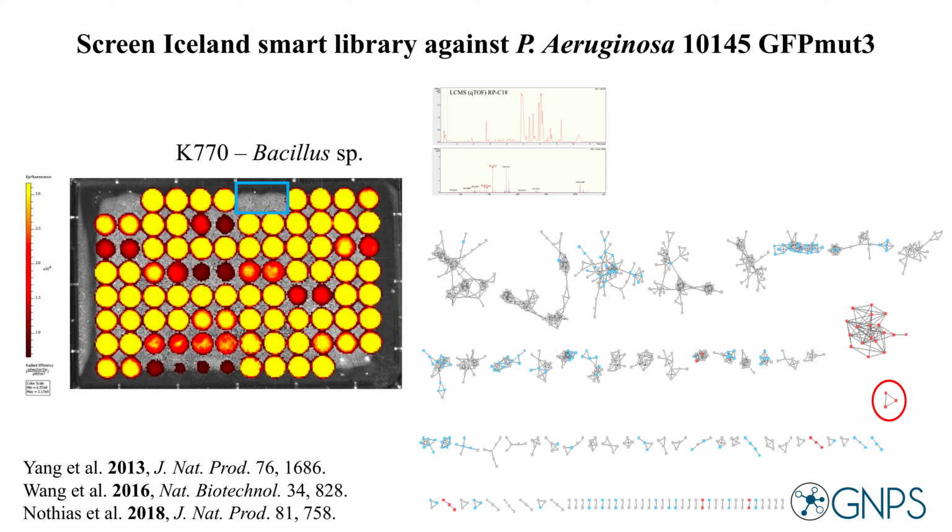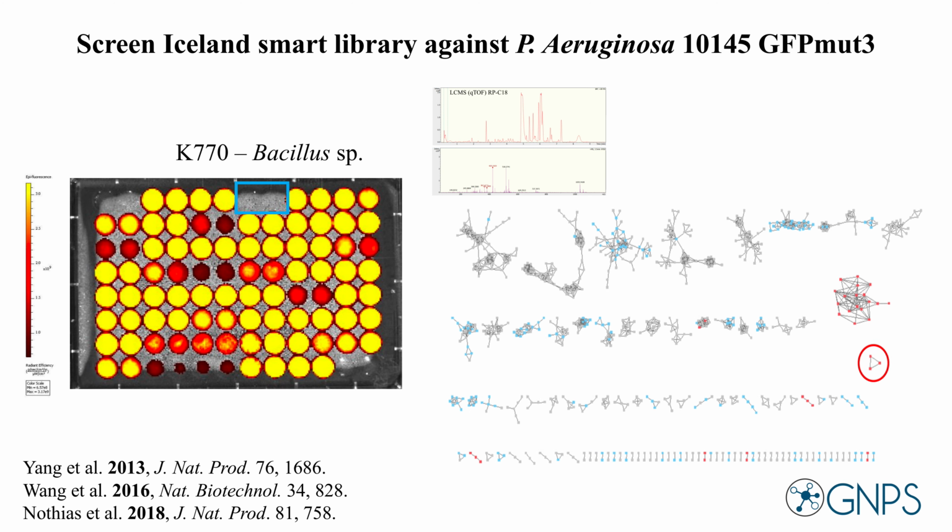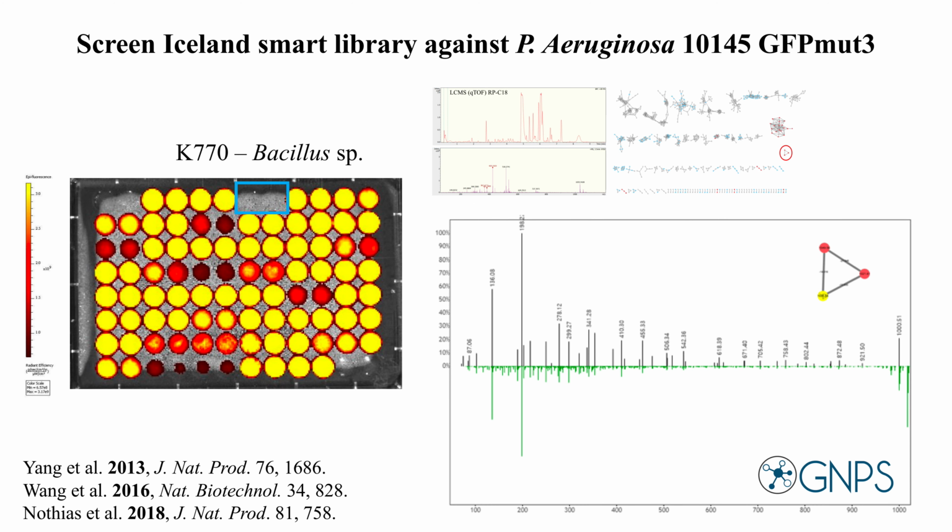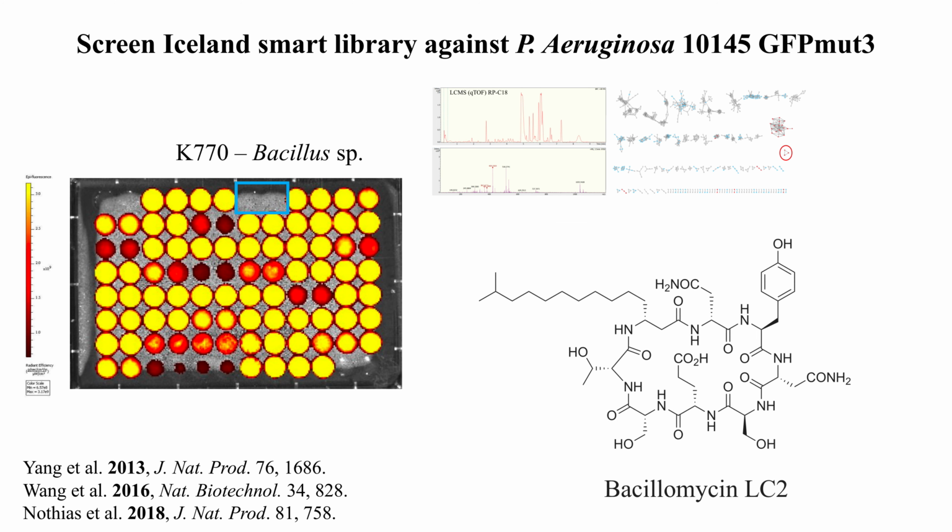This is of course, as we all know, the system out of the Dorrestein and Bandeira labs at UCSD, and this is freely available. So when you pop these data in, we were able to find a near identical match, and this match was to the cyclic lipopeptide bacillomycin LC2, responsible for the antibiotic activity.